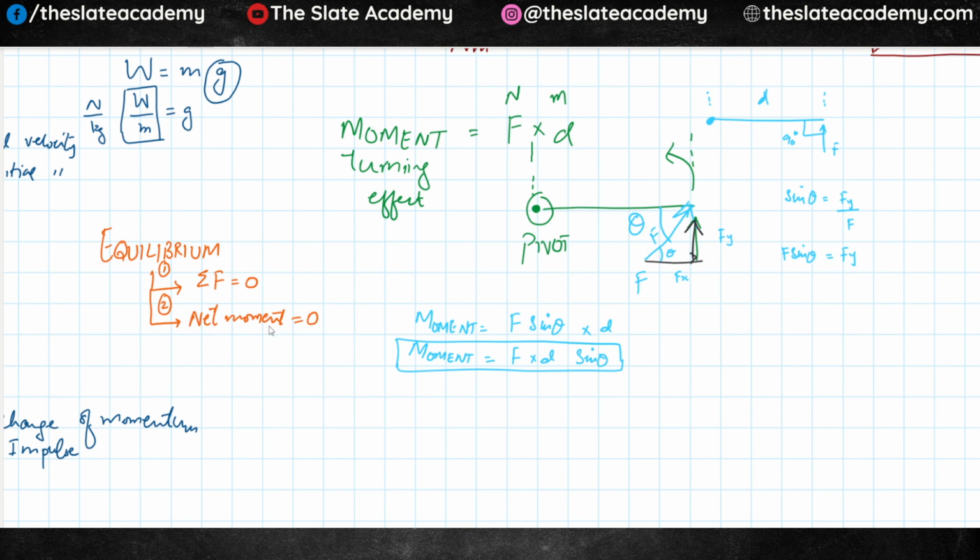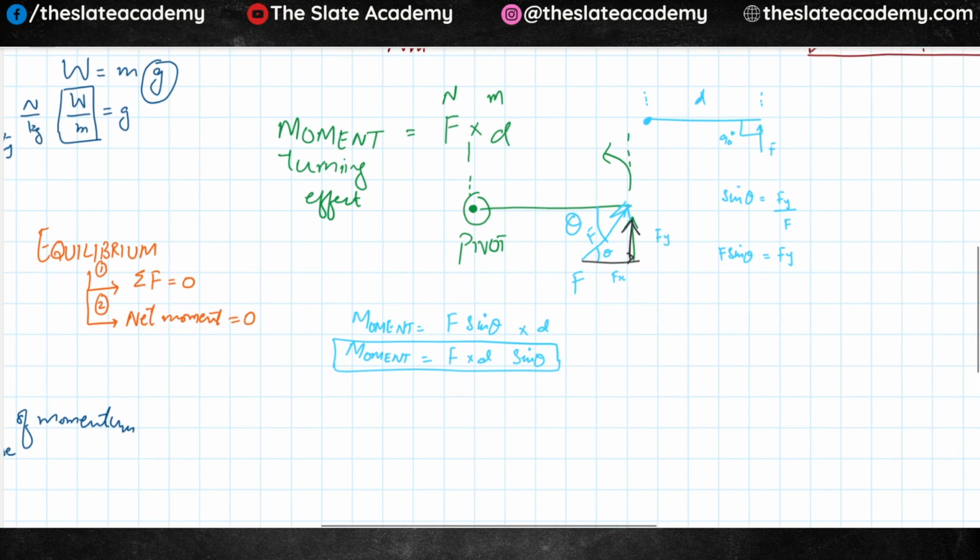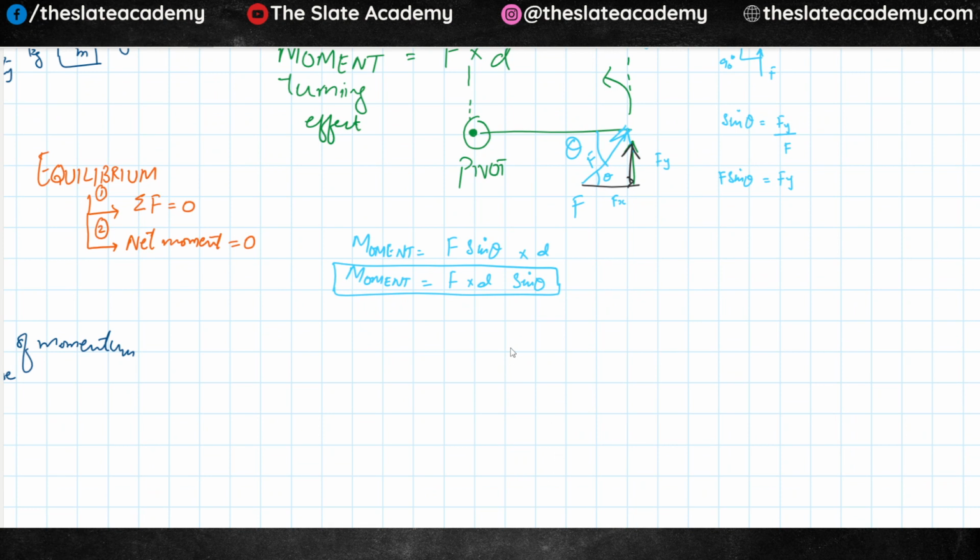Now this is what we are going to discuss. What do we mean by the net moment of the body? A body can have moment two ways. In the same body that we discussed before, the moment being created was anti-clockwise.